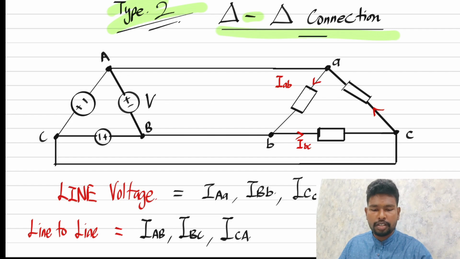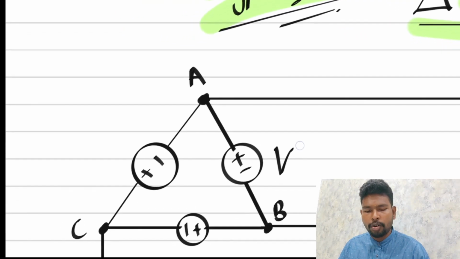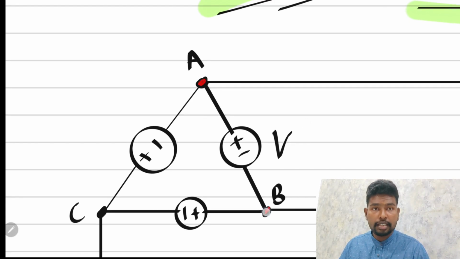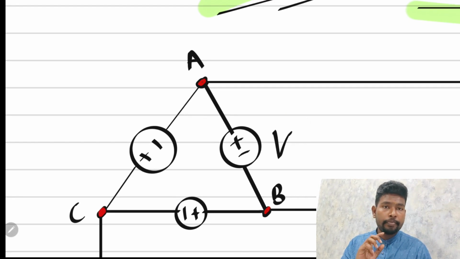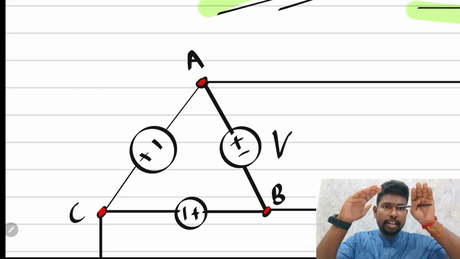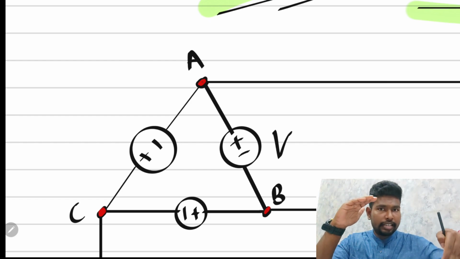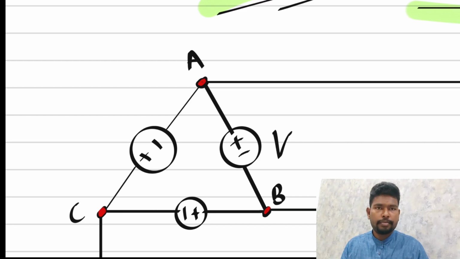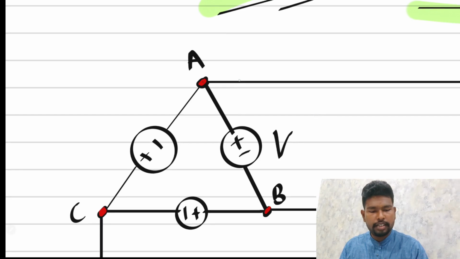For the delta connection, the nodes play a vital role, and the power source plays a vital role to indicate the current flow. Usually the power or the current flows out from the generator and enters into the load, isn't it? That's the concept.